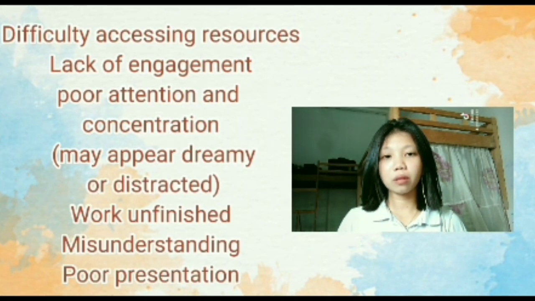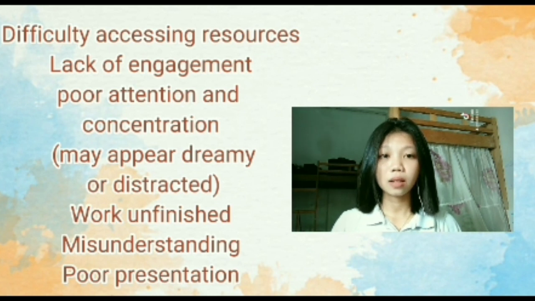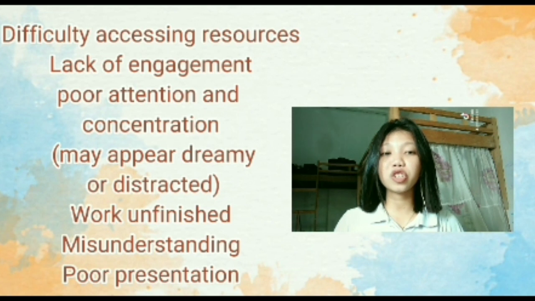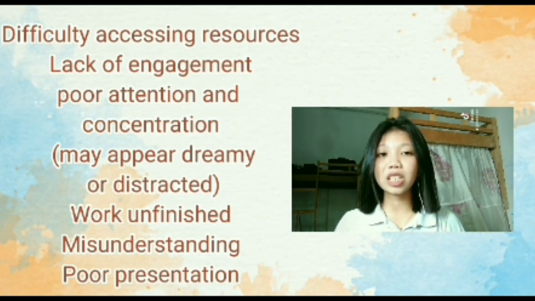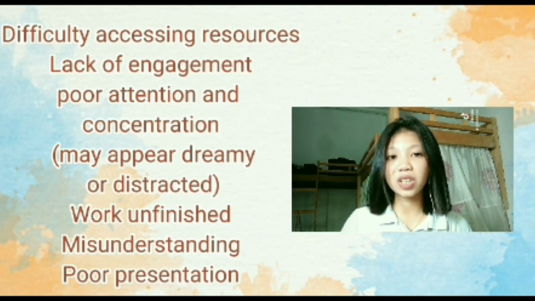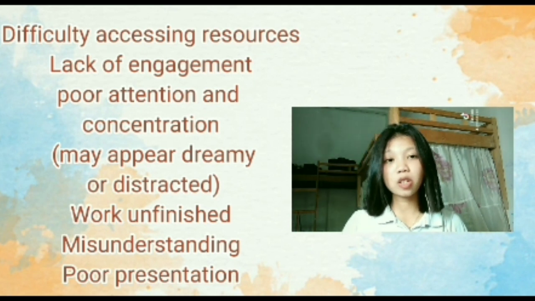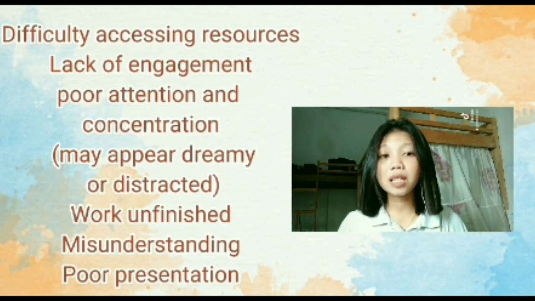However, the following indicators may signal an unmet sensory or physical need: difficulty accessing resources, lack of engagement, poor attention and concentration, may appear dreamy or distracted, work unfinished, misunderstanding, poor presentation, clumsiness, delayed gross and fine motor skills, unusual social behavior, ignoring or shouting out, unclear speech, frustration, lack of confidence or self-esteem, headaches or anxiety at certain times, poor organizational skills, ongoing continence problems, poor health and independence, poor attendance which interferes with retention of learning and general progress, possibly due to medical appointments.